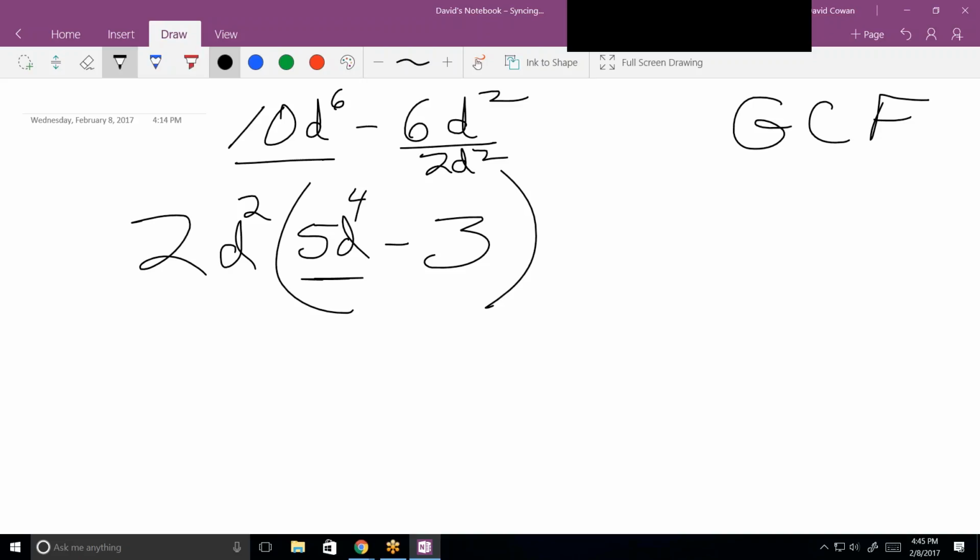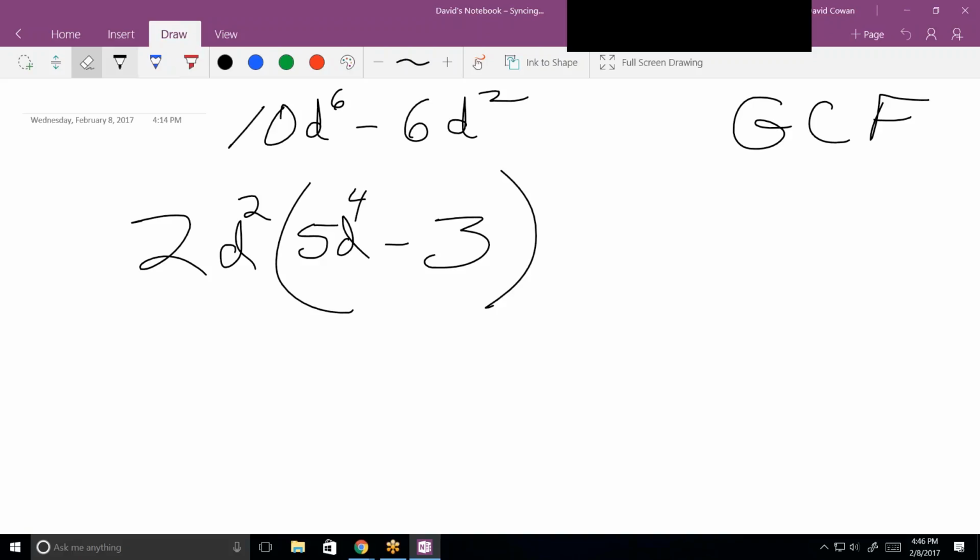As you're doing these problems, step by step, you should always be checking to make sure that that times that is 6d squared. And it is. That way, by the time you get to the end of the problem, you won't have to go back and check every single part of it. You'll know that you got it right.